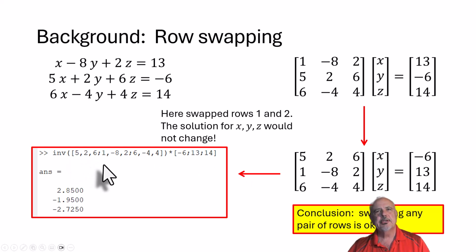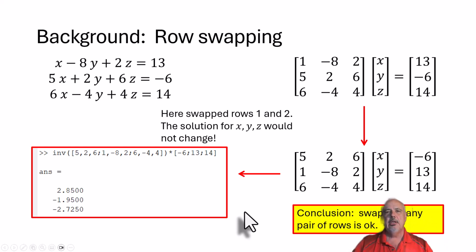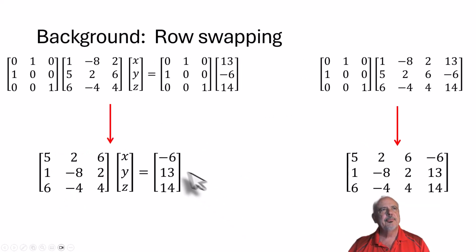Okay, so the 5, 2, 6 comes first, 1, minus 8, and 2, 6, minus 4, 4. And then I've got the 6, the minus 6, the 13, and the 14. And I do, yea, verily, get the same answer. So the conclusion is that row swapping of pairs is okay to do without changing the answer.